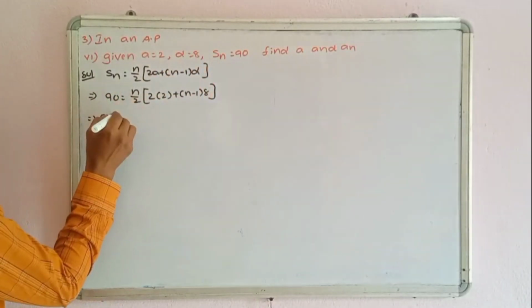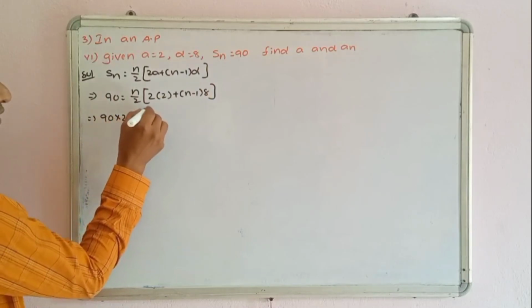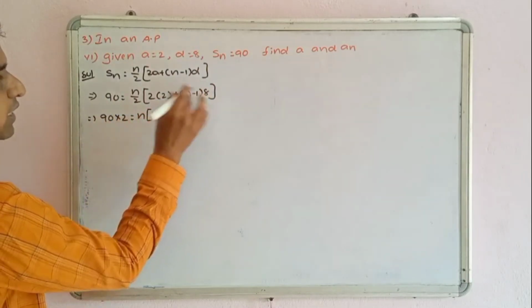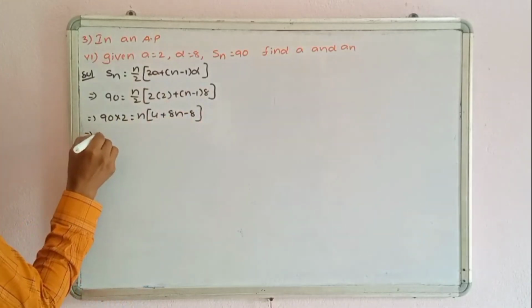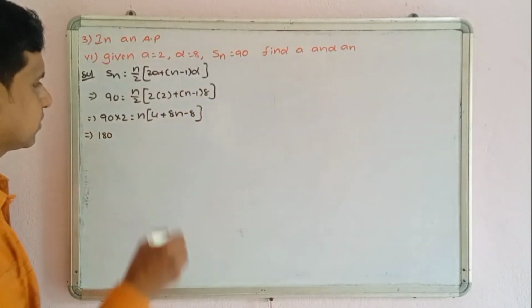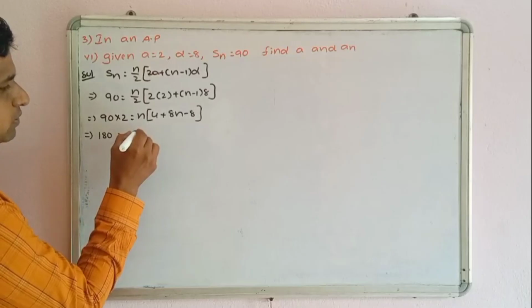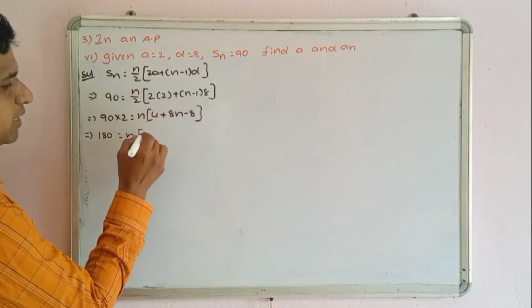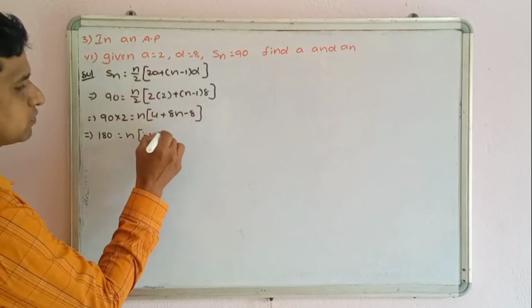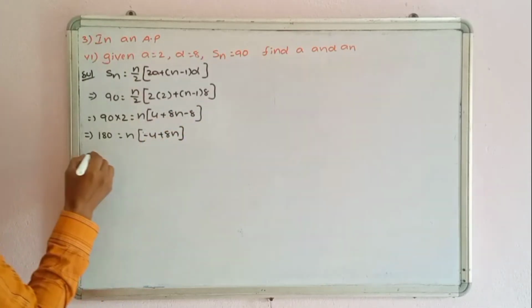So 90, 2 transpose, reduction, multiply with 2 equals to n into 2, 2 2s are 4 plus 8 times of n is 8n minus 8. So 90 times of 2 is 180 equals to n into 4 plus, right, 4 minus 8 is minus 4, plus 8n.